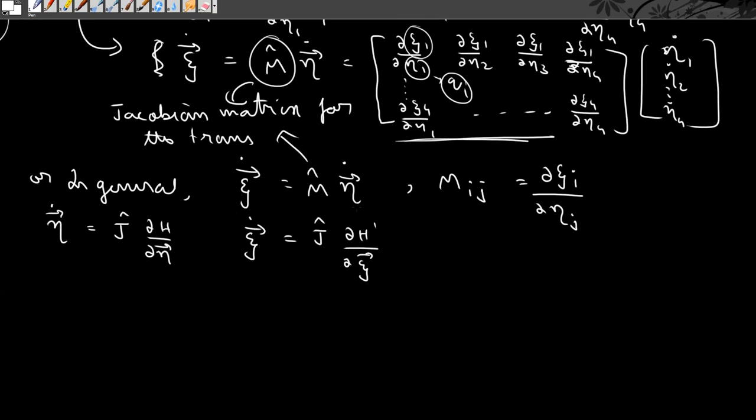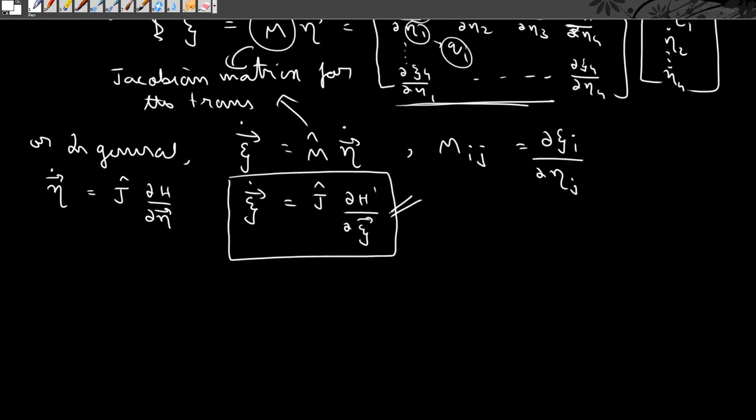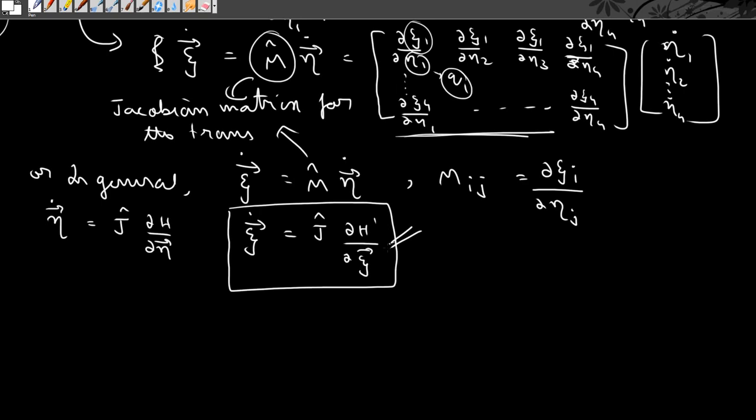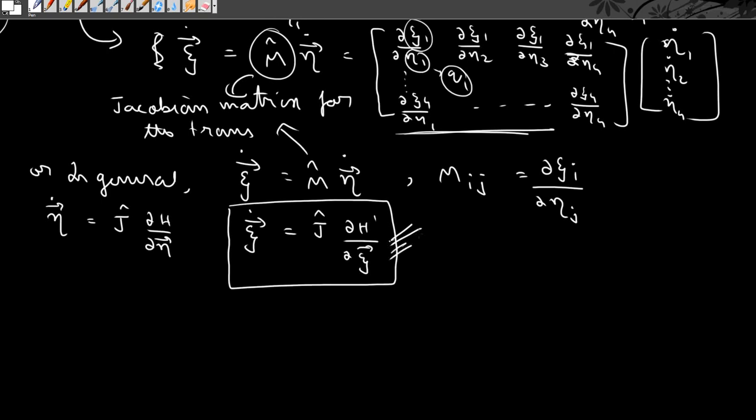Okay, so this is the Hamilton's equation in terms of the new variables, and in order for the transformation to be canonical, this relation must be followed.